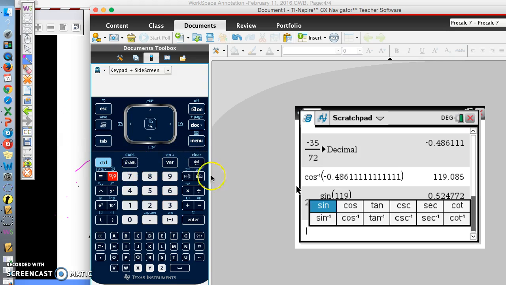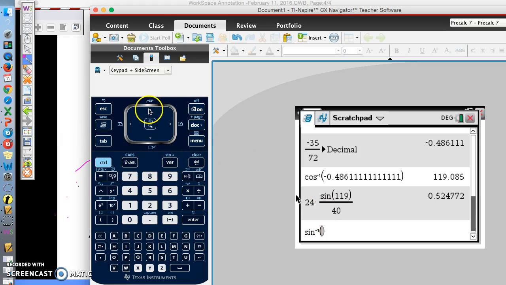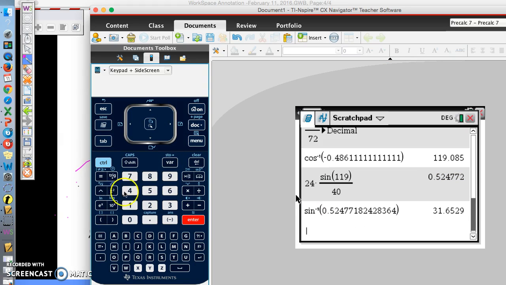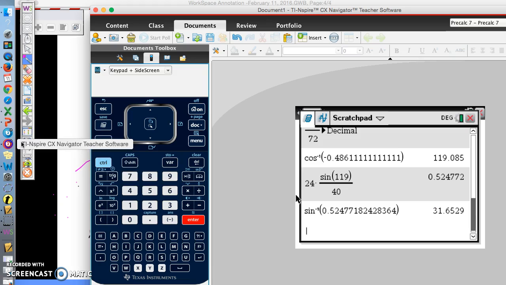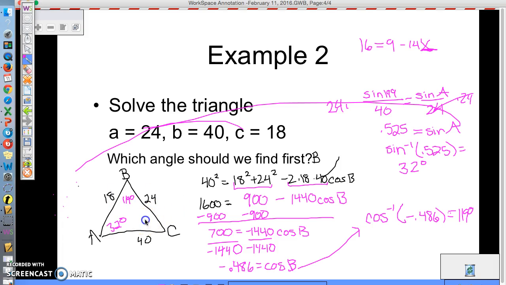So we can go to trig inverse, grab that, so we have 31.65, let's just round to 32 degrees. So we had 32 degrees, and then we can find that third one, 180 minus 119 minus 32. So we have 29 degrees.